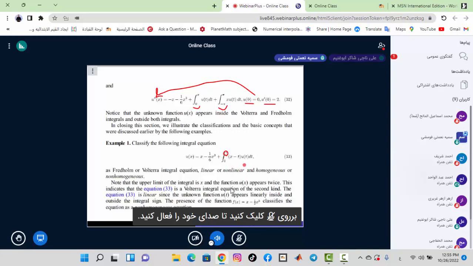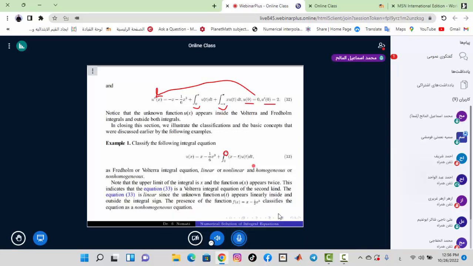Is it linear or non-linear? Linear, because you don't have a non-linear function in terms of u. Is it homogeneous or inhomogeneous?